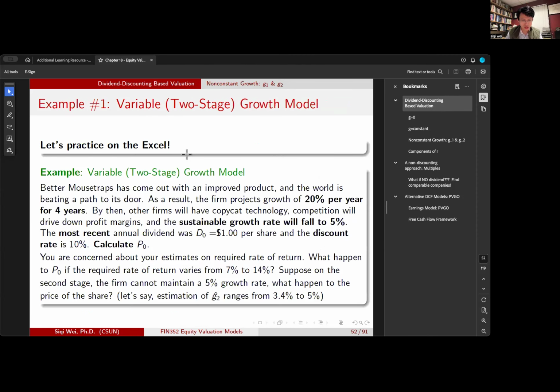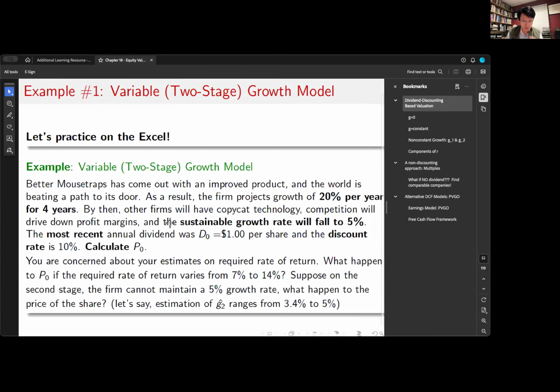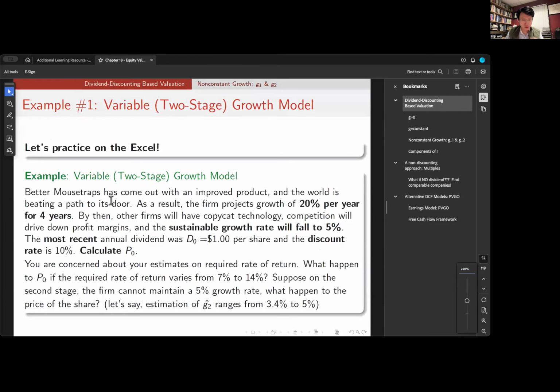Let's take a look at another example. Suppose the company has an innovation product. The firm projects a growth of 20% over the next 4 years.